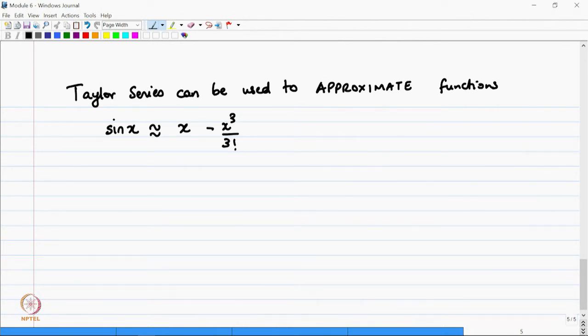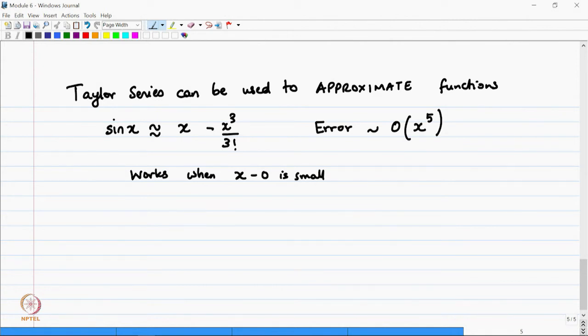When I write this approximation, the error, this works when x minus 0, that is x minus x 0, is small, and the error term is of order x raised to 5, because the first term in the error has x raised to 5.